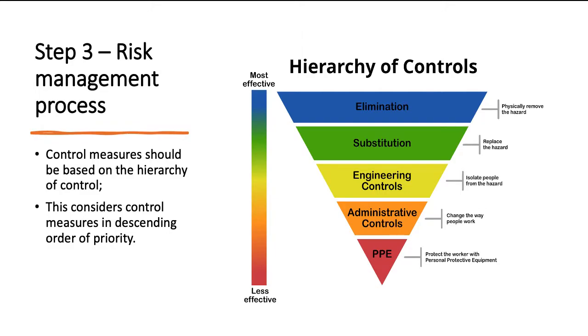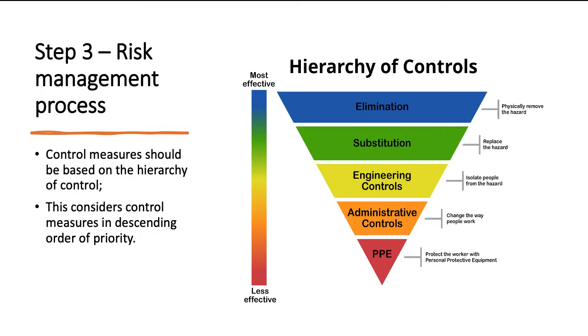Control measures should be based on the hierarchy of control as seen on the right of screen. This considers control measures in descending order of priority. We can see in the table at the top we have elimination, physically remove the hazard, substitution, replace the hazard, engineering controls, isolate people from the hazard, administrative controls, change the way people work, and PPE, protect the worker with personal protective equipment.